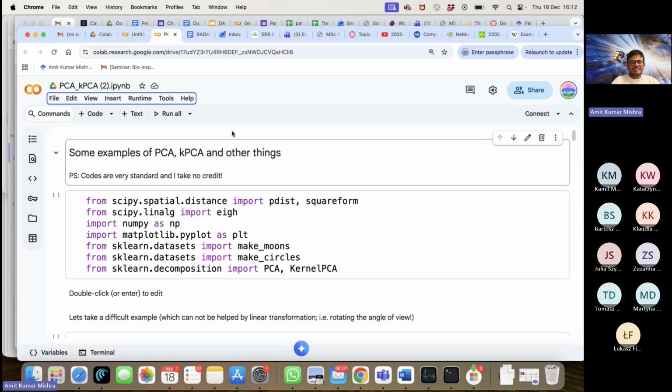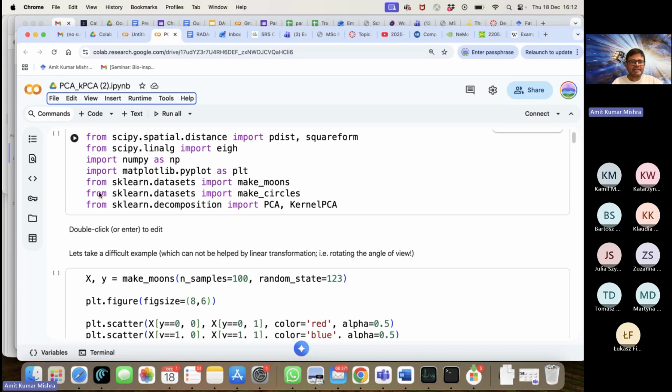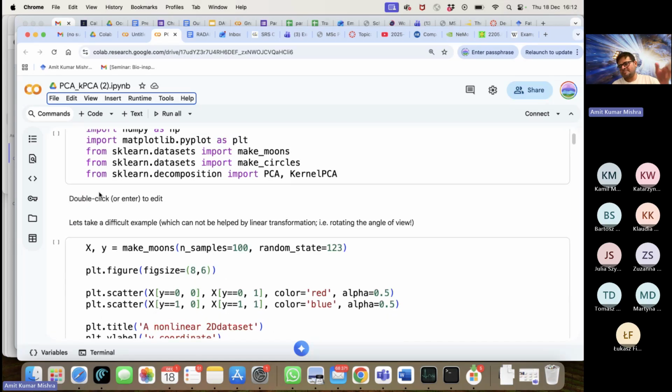Right. So I've shared this in our teaching system as well, so I hope you can access this one. If not, let me know. Again, some basic PCA, kPCA kind of examples. The main idea why I shared the code is because we have discussed the steps behind creating PCA, right?